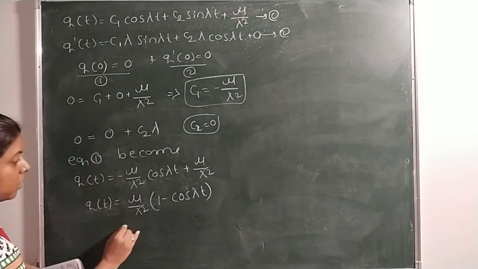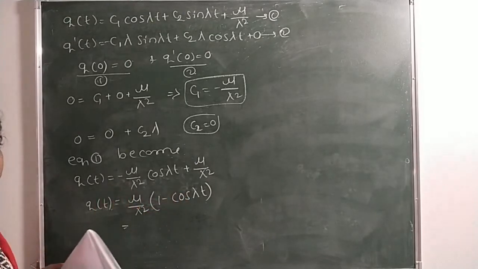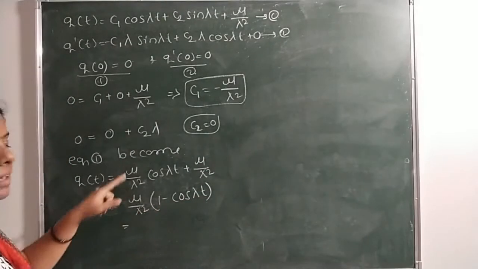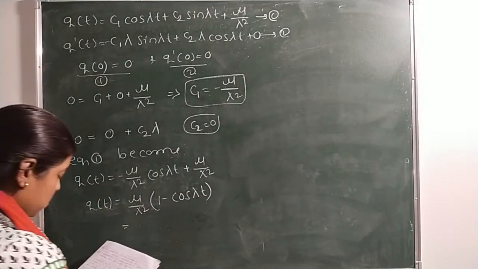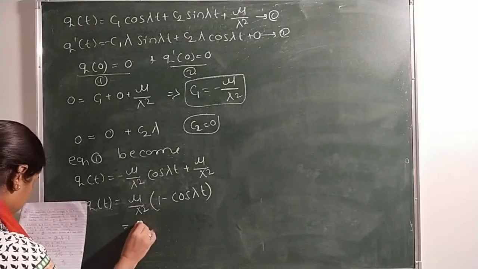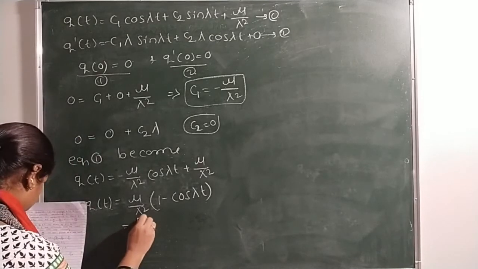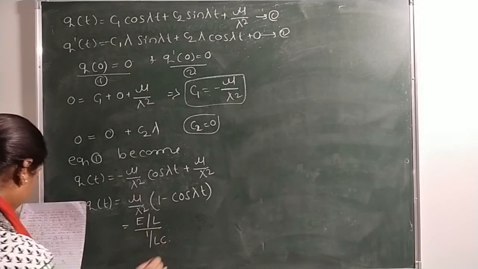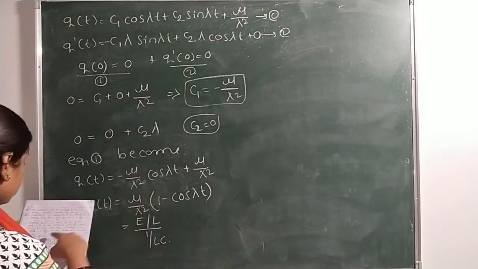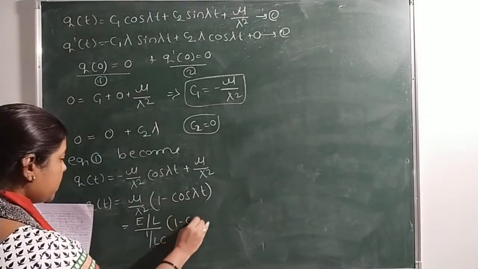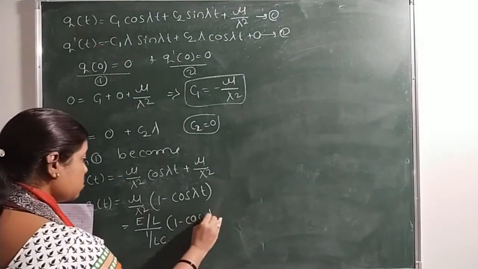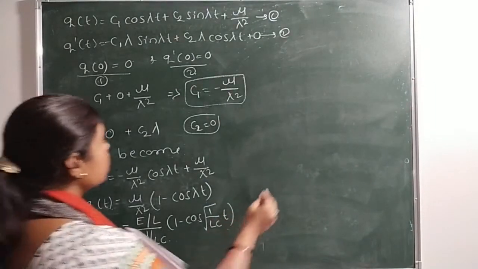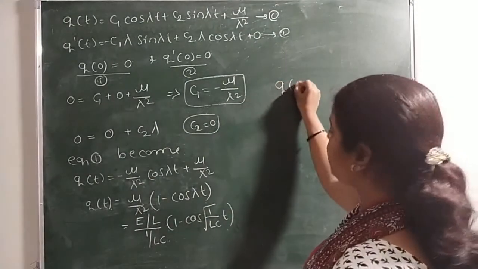Lastly, we replace, as we considered λ² as 1/LC, and μ is nothing but E/L. We replace that here by considering μ as E/L, and λ² is equal to 1/LC. So 1 − cos, where λ is 1/√(LC), times t. We represent this in terms of λ and t.